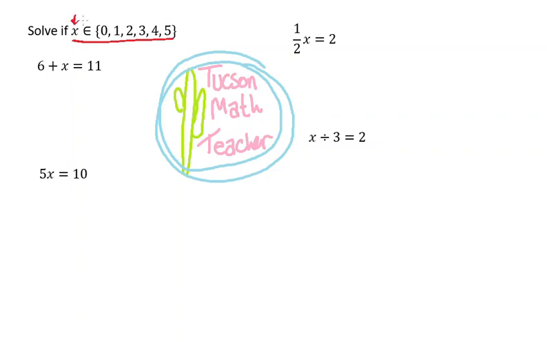So that says x is an element of the set of numbers that includes 0, 1, 2, 3, 4, and 5, which means that those are the only things x is allowed to be.